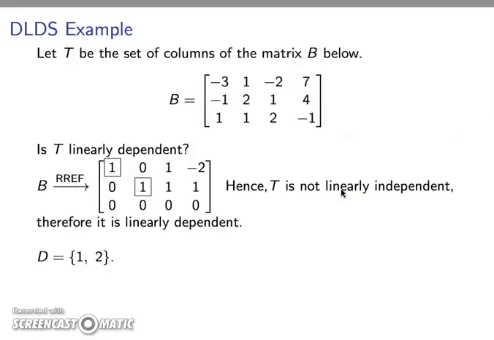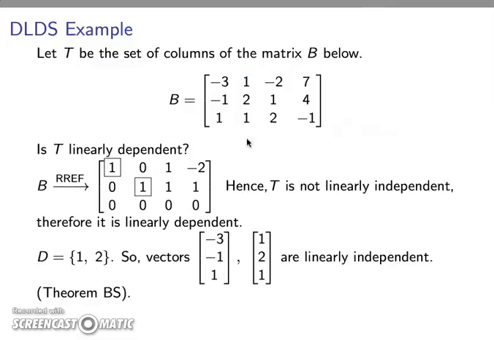We know here that the set containing the indices of pivot columns contains the indices 1 and 2, which means this would be column 1, and this would be column 2 right here. So we select those 2 vectors. Considering these 2 vectors as members of a set, this set would be linearly independent.